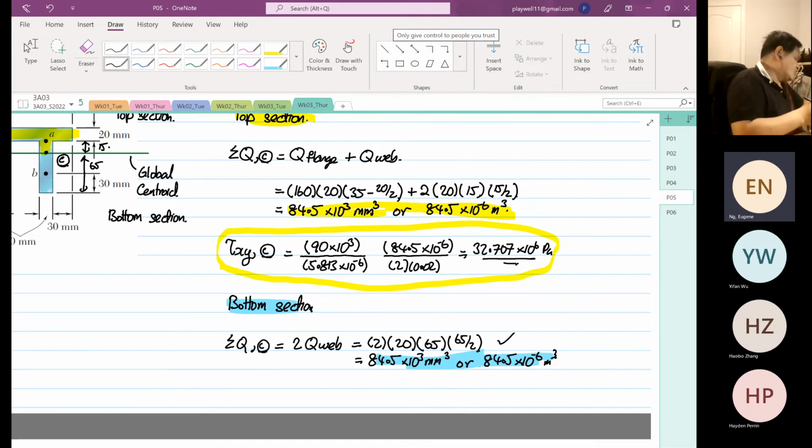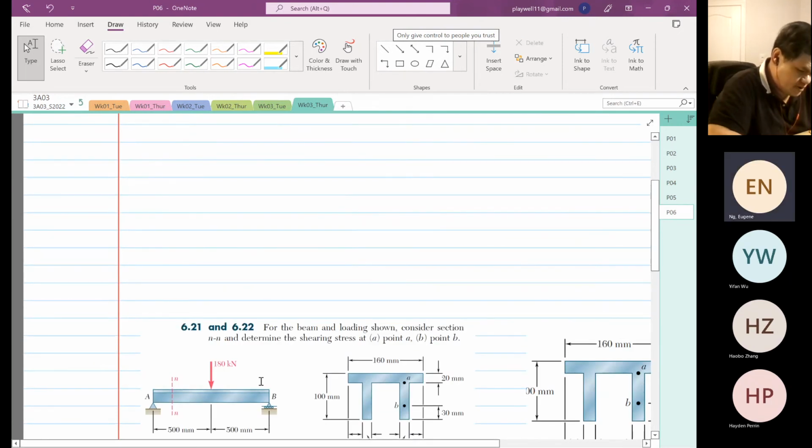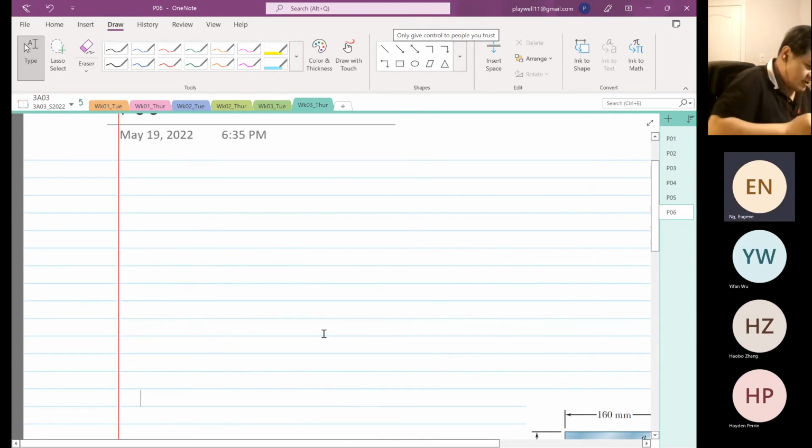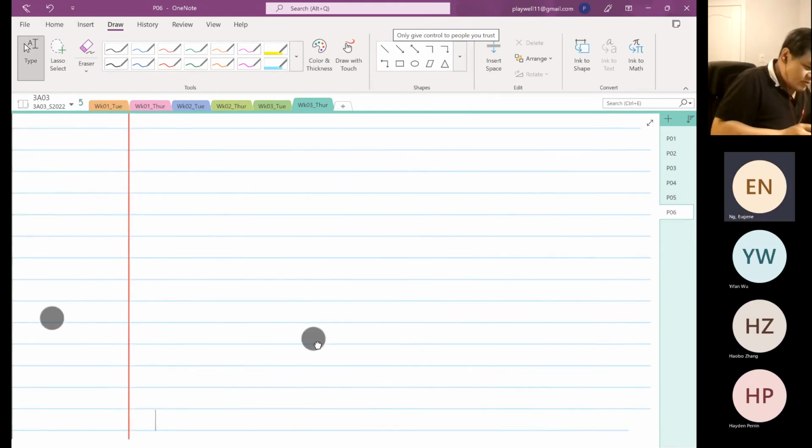So the next thing that I'm going to do is determine the shear stress distribution equation. Let me get rid of this. I don't need this. I'm going to write this down first.